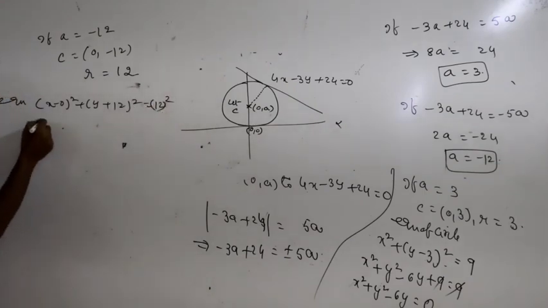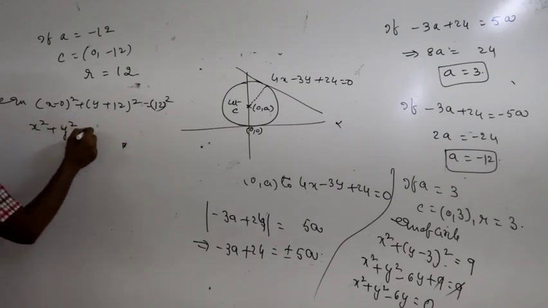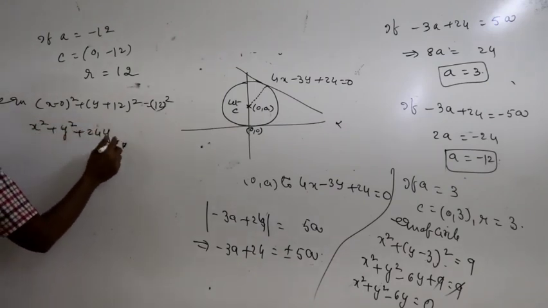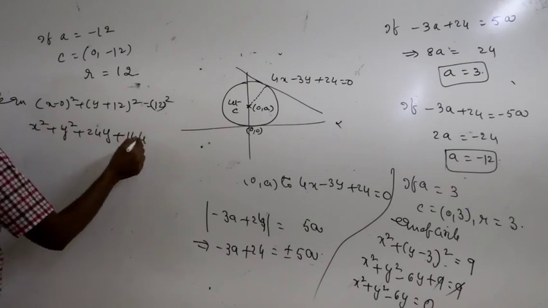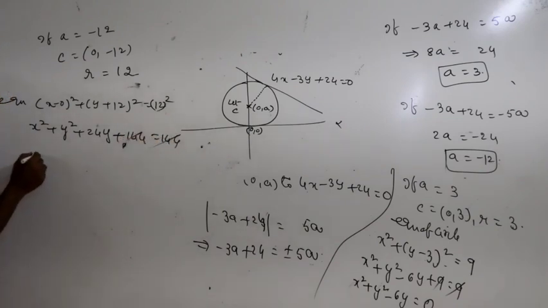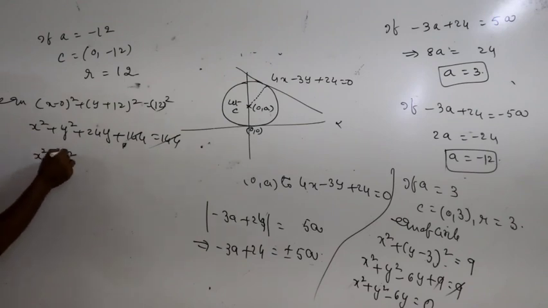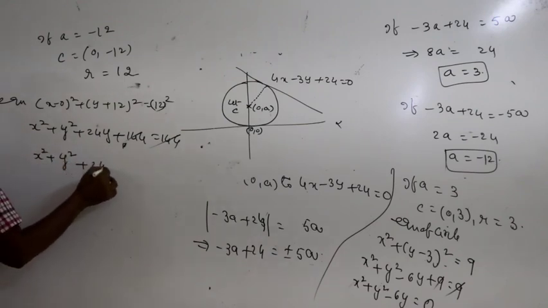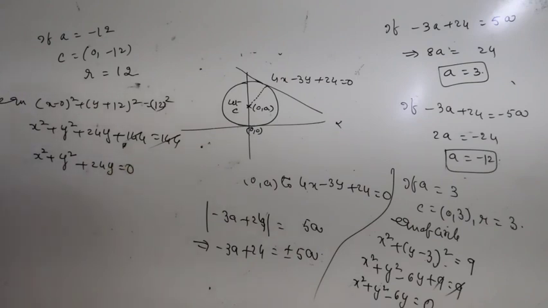So this is x square plus y square plus 24y plus 144 is equal to 144. So x square plus y square plus 24y is equal to 0. So this is the second equation.